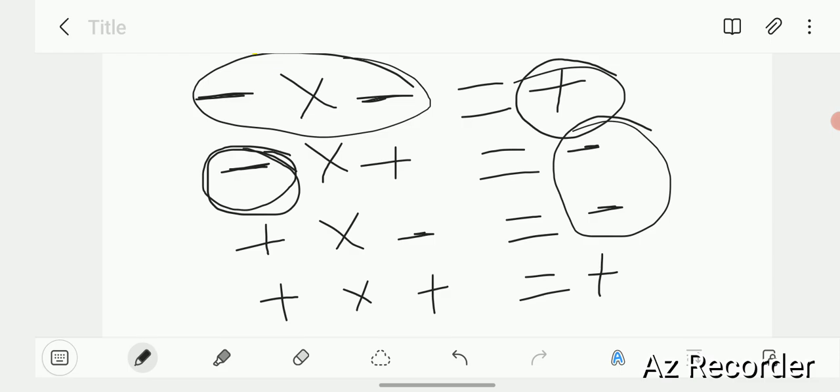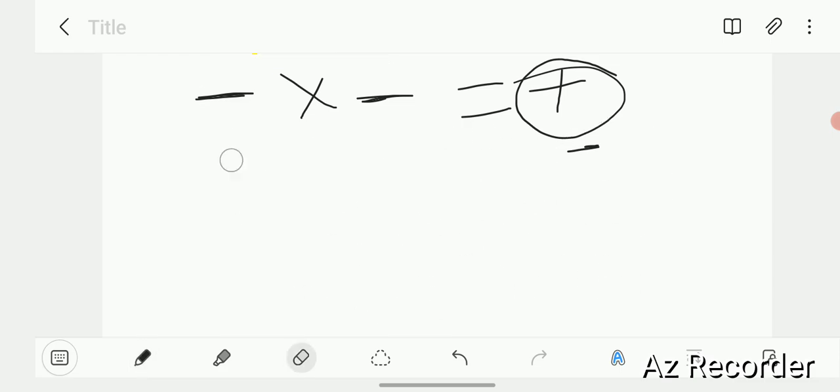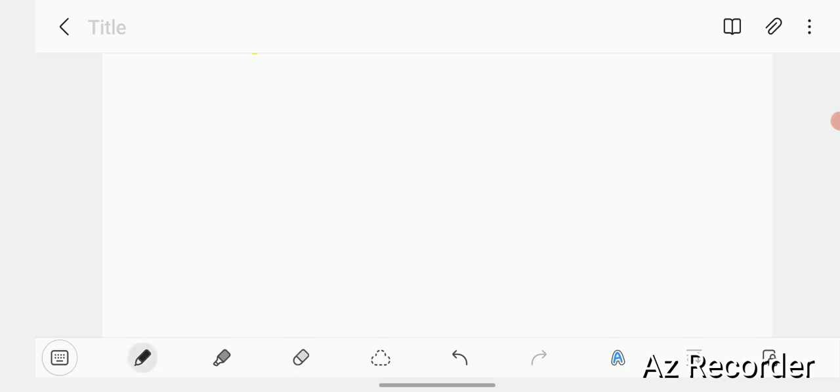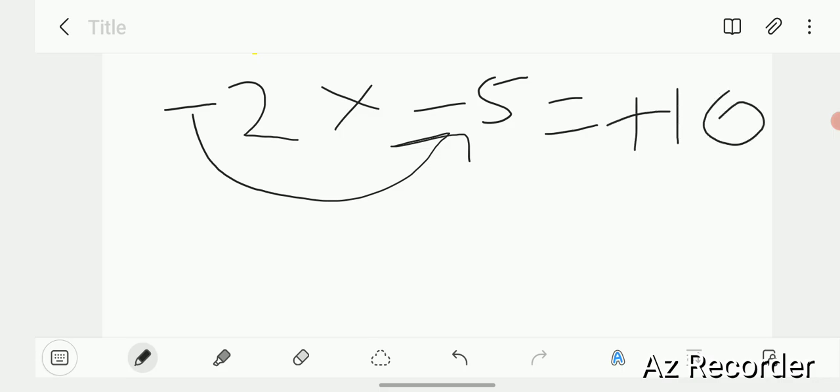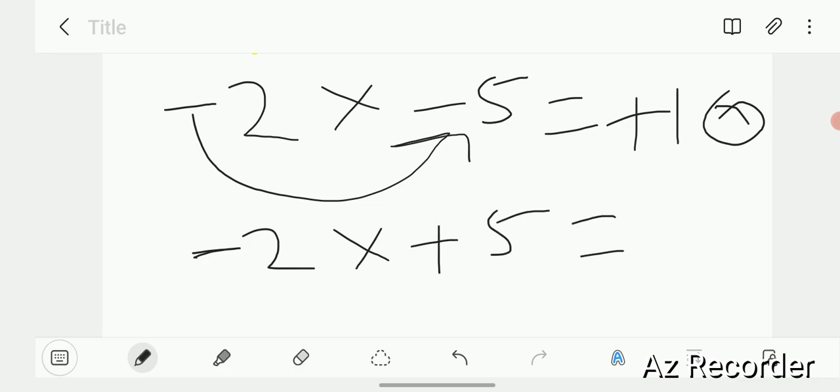Okay, we'll illustrate this formula with the help of examples. I will give an example for each one. First one, minus 2 into minus 5 equal to, this is minus into minus, plus 2 5s are 10. Next, minus 2 into plus 5, minus into plus, minus 2 5s are 10.